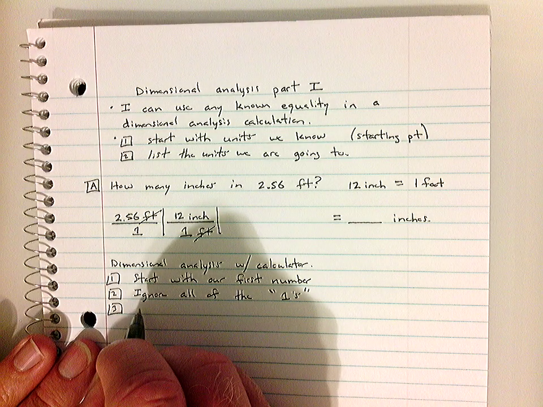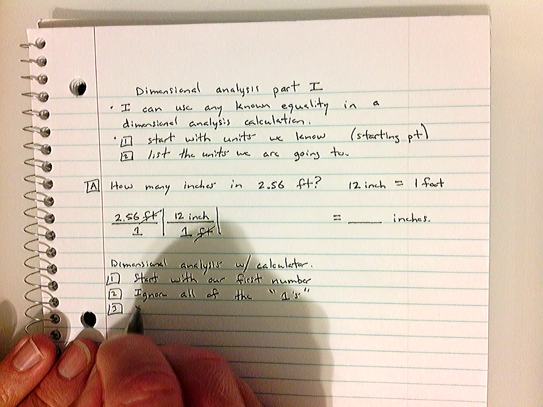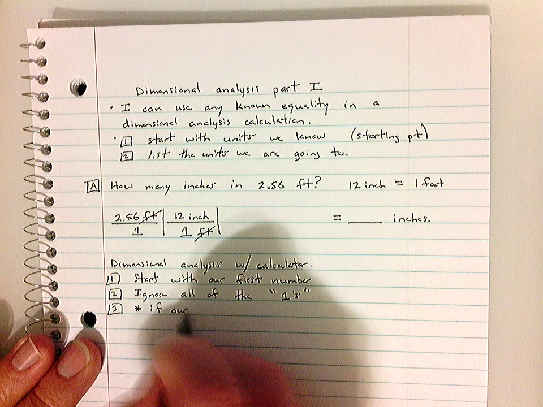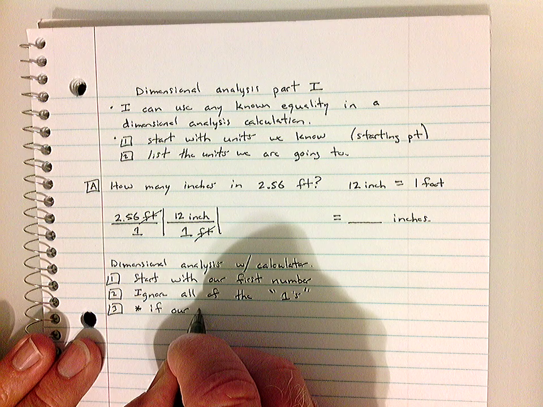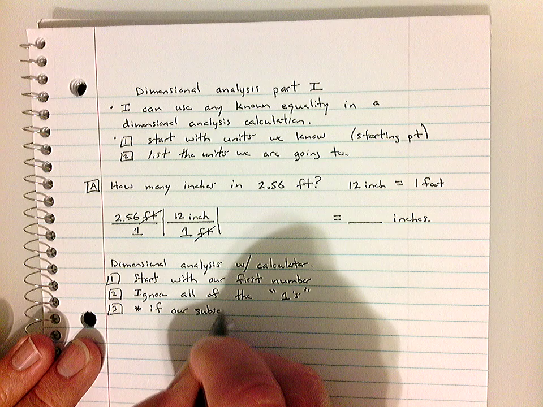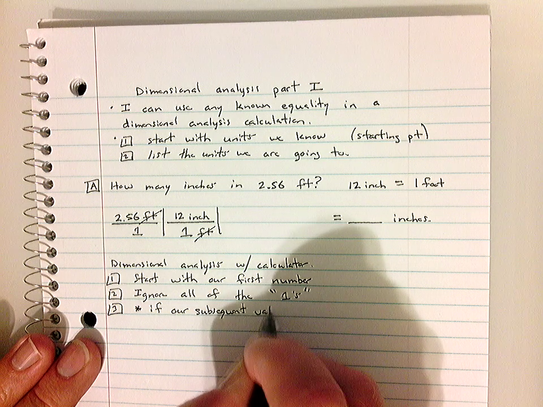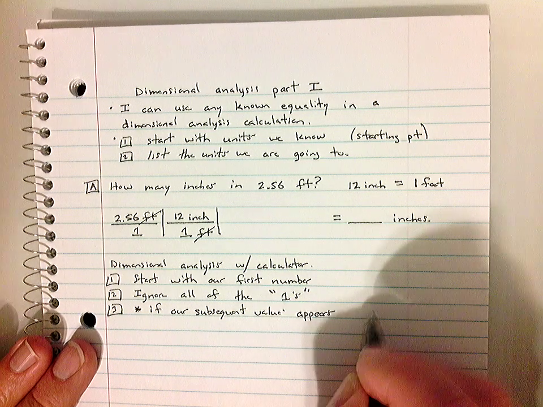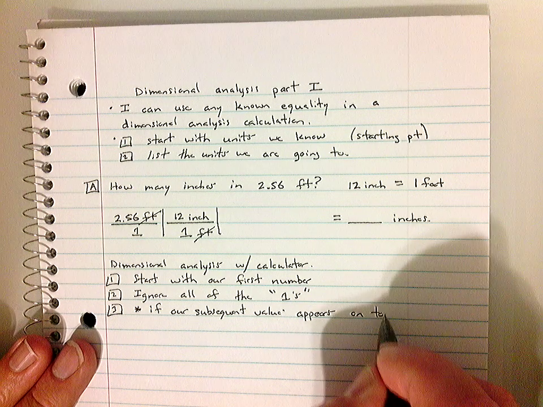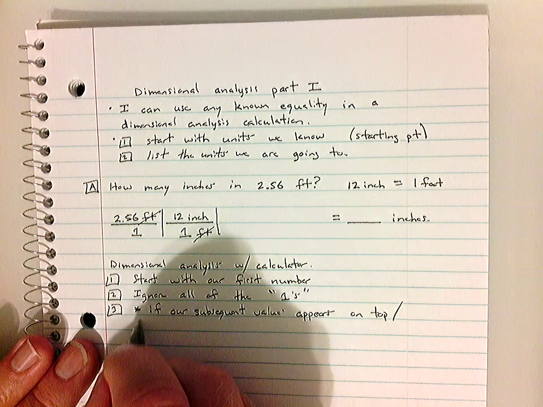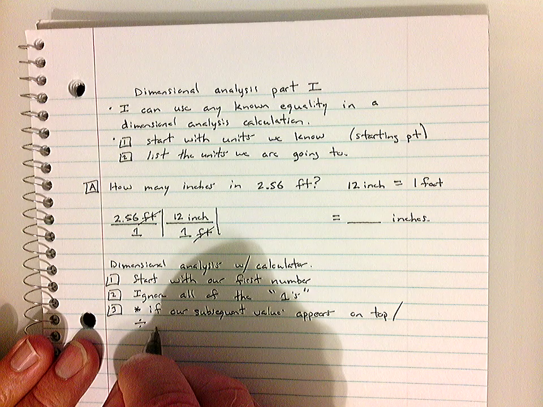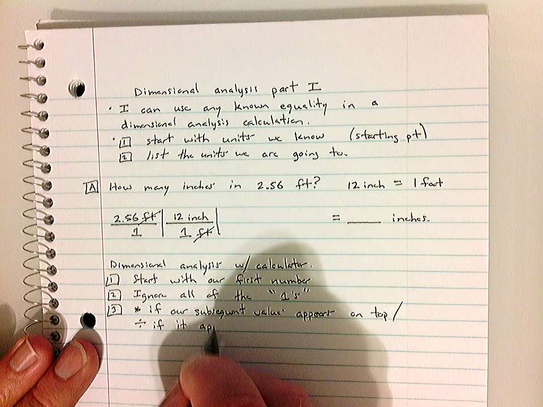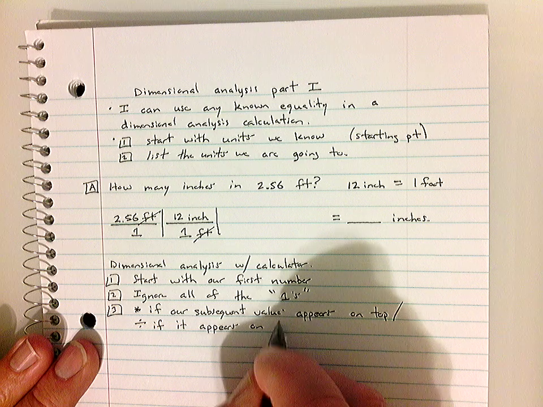Our third rule, as we progress through our problem, is we are going to multiply if our subsequent or next value appears on top of the problem, and we are going to divide if it appears on the bottom.